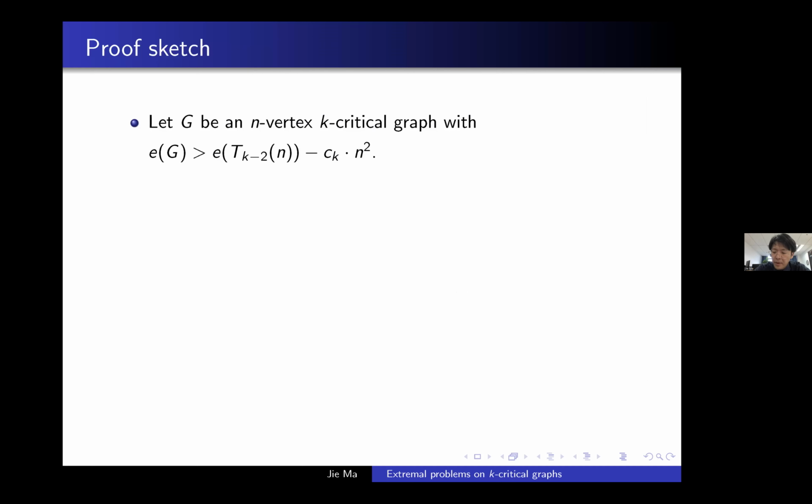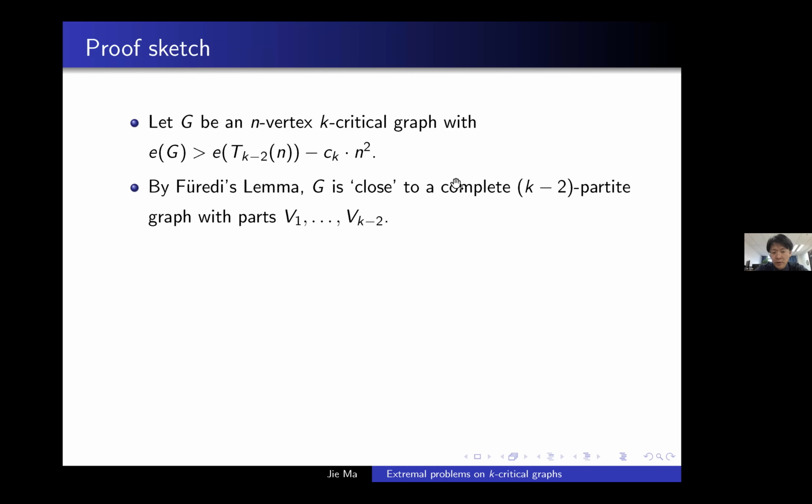Now, having those two lemmas, we can give a sketch. So assume this k critical graph has at least e(T_{k-1}) minus C_k n squared many edges. By using Füredi's stability lemma, we can basically compare G with a complete k minus 1 partite graph.